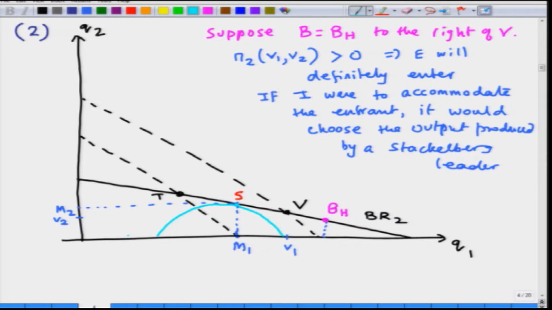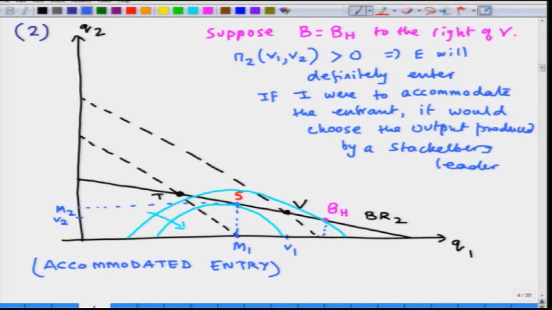On the other hand, if it were to produce BH and deter entry, this would have been the isoprofit curve, and profit is actually increasing in this direction. So, that tells us that the incumbent is better off accommodating the entrant. So, this is a case of accommodated entry. Entry deterrence is not profitable at all.